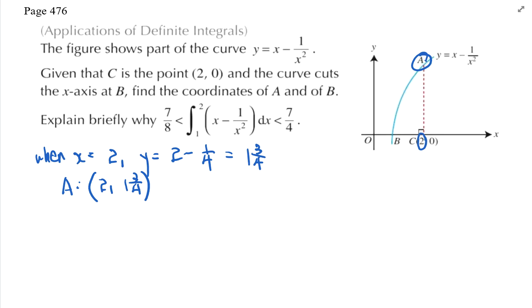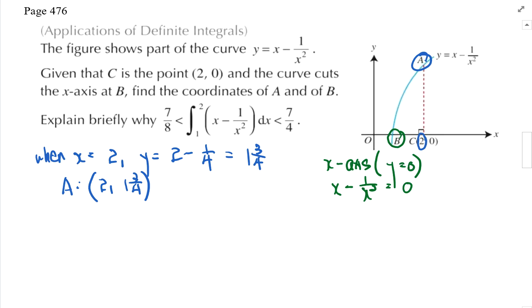Now, how do we find the coordinates of B? Looking at B, B lies on the curve as well. B also lies on the x-axis, and remember, if it lies on the x-axis, y is equal to 0. We will have to solve for 1 over x minus 1 over x squared is equal to 0.